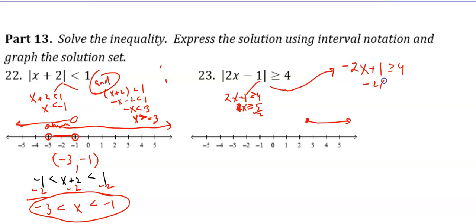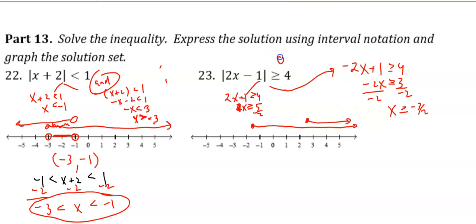Subtract 1, negative 2x greater than or equal to 3, divided by negative 2. So x is less than or equal to negative 3 halves. Negative 3 halves is like negative 1.5, so something like this.